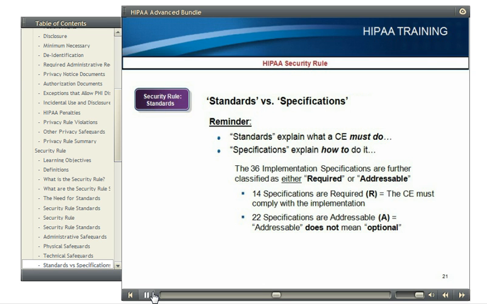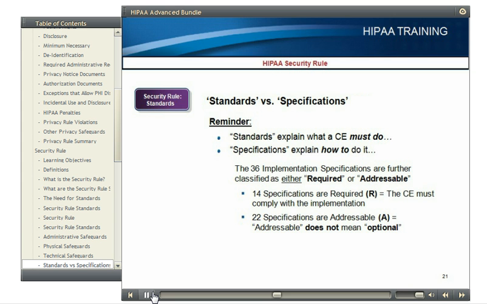Reminder: standards explain what a CE must do. Specifications explain how to do it. The 36 implementation specifications are further classified as either required or addressable. 14 specifications are required. R.